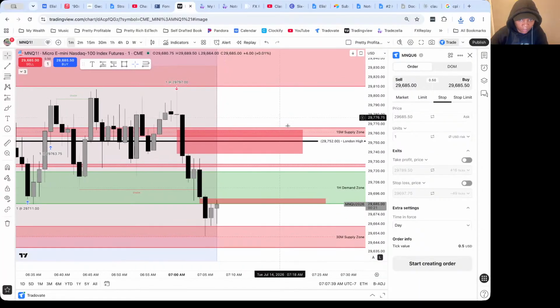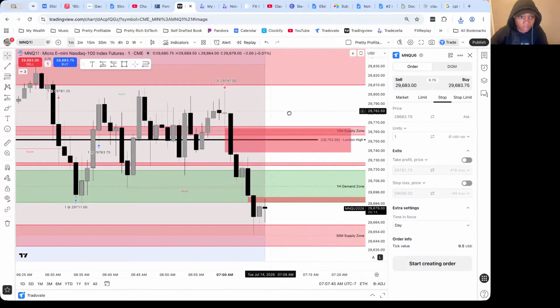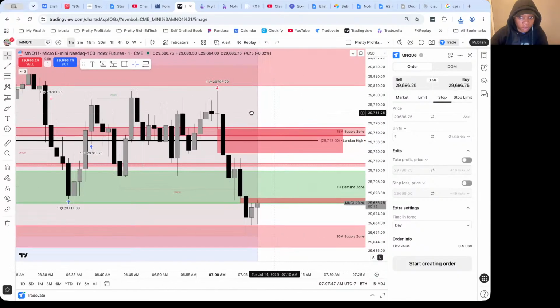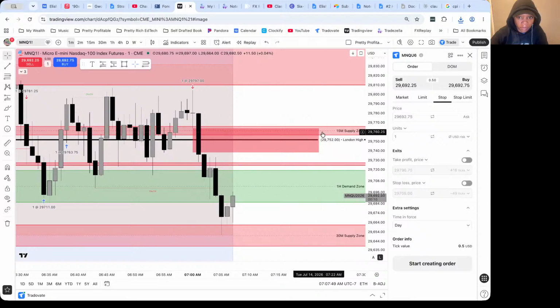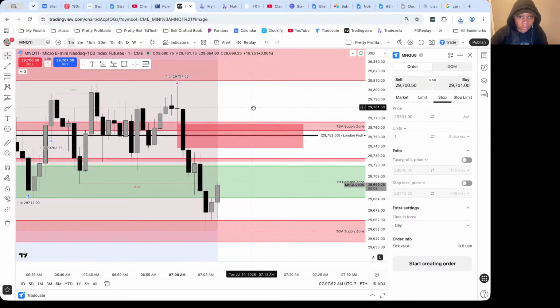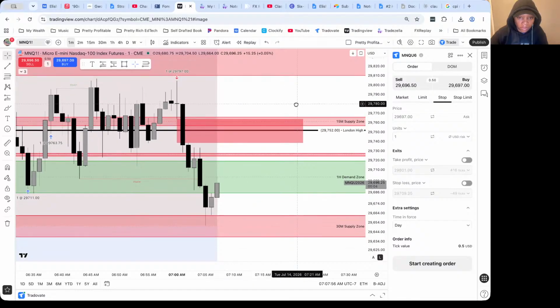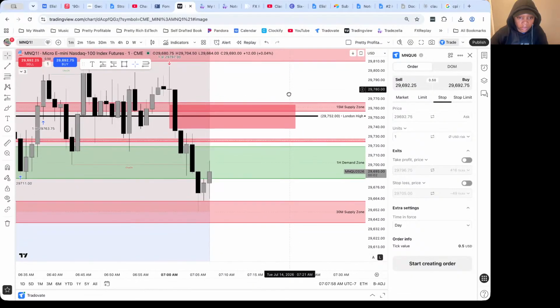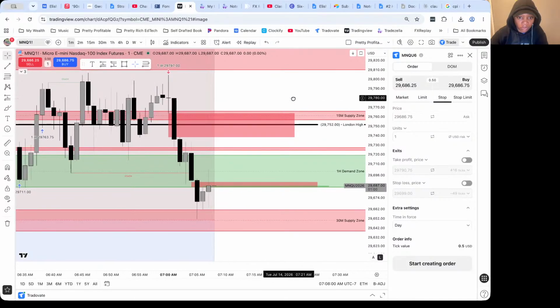This was the first new gap that was formed, but it overlapped with the 15-minute. So when I saw this new gap form, would it have been smart to? Would it have been smart?